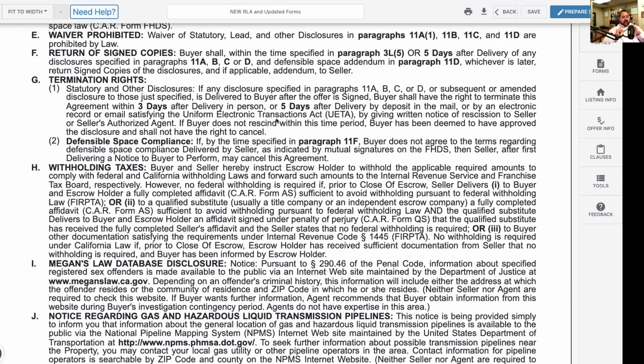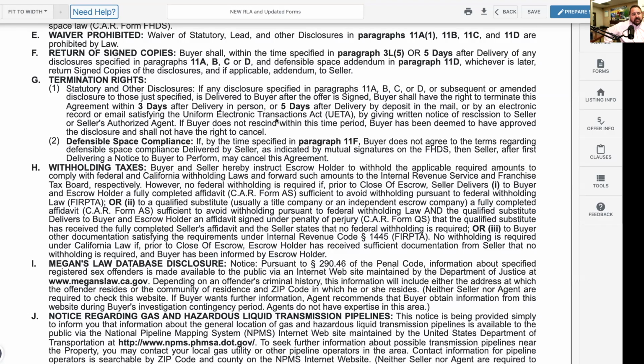So if the listing agent emails me all of the disclosures, the TDS, the SPQ, the NHD report, the lead-based paint, any of those listed disclosures in this paragraph, I have a 5-day right of rescission, which means I can just cancel based on the receipt of those documents. If they hand them to me in person, then it's 3 days after receipt that I have that right of rescission.